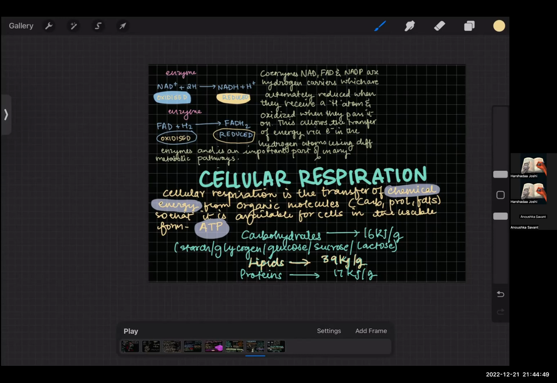Okay, but these are also the molecules that are going to be required by your body to make certain important structures such as cell membranes. But your lipids are going to have more energy, and when your body is in an energy debt, your body will try to make it a point to break down the lipids. Okay, so lipids are going to be broken down when there is going to be a very huge amount of energy required.